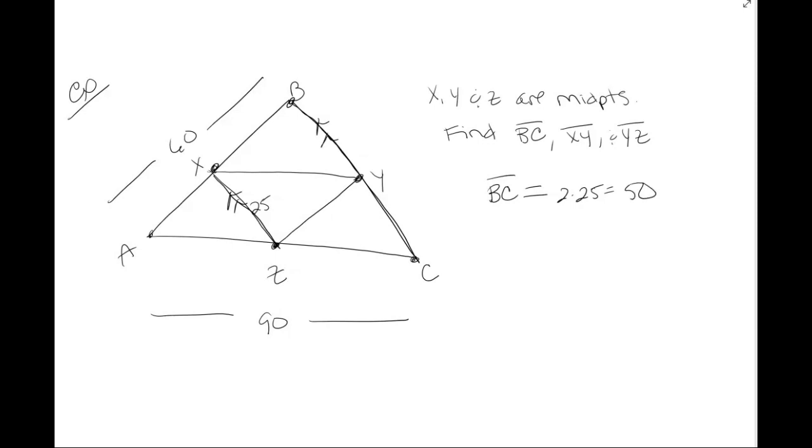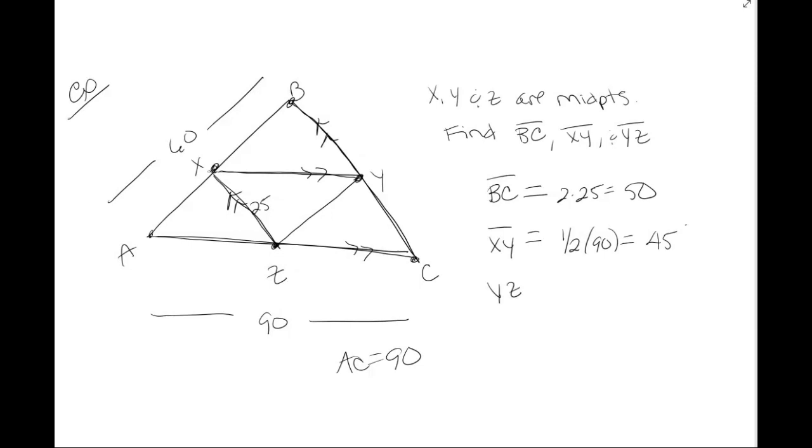Okay? Now what if we take XY? So XY is this segment, and he's parallel to this guy. AC is 90, and I know XY is 1/2 of 90, which is 45.